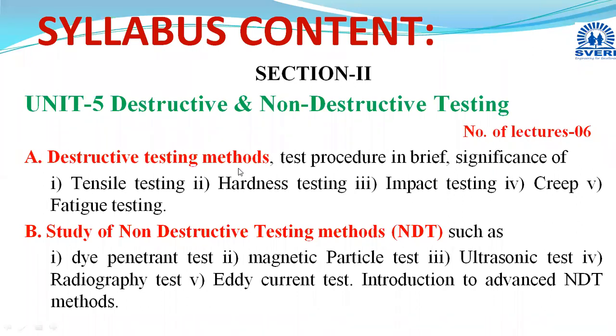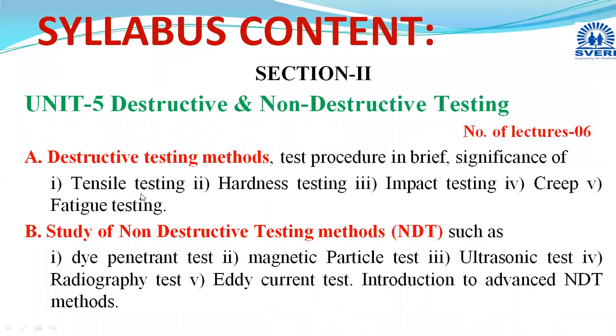Generally, some questions will be like this: what is the difference between destructive testing methods and non-destructive testing methods? Your answer will be like this: in the destructive testing method, after conduction of that test, whichever specimen or test piece we have used, its service life will decrease, or its service life is affected, or sometimes it may get damaged.